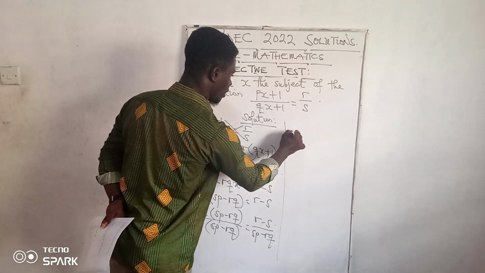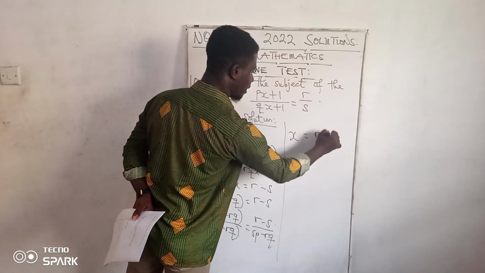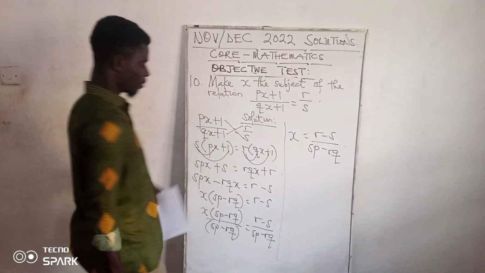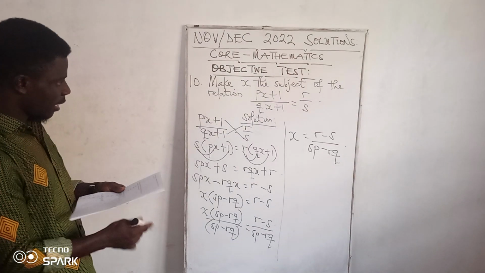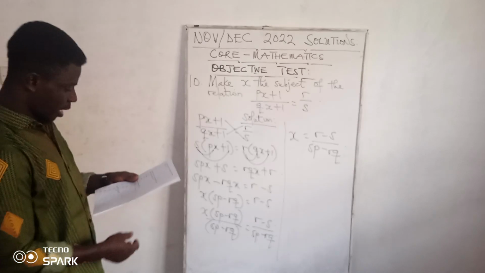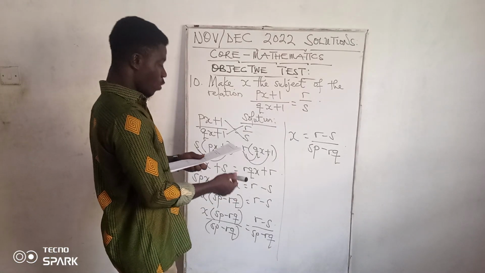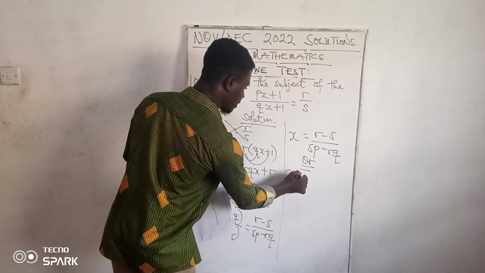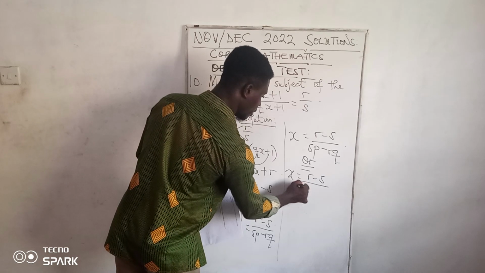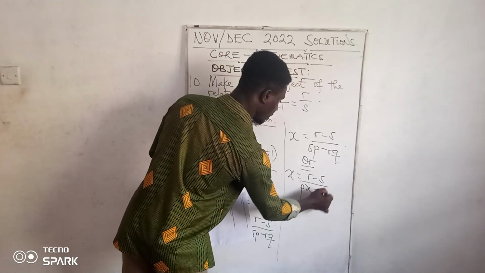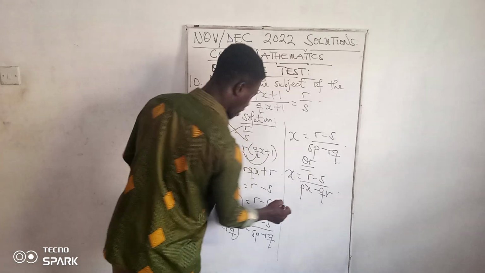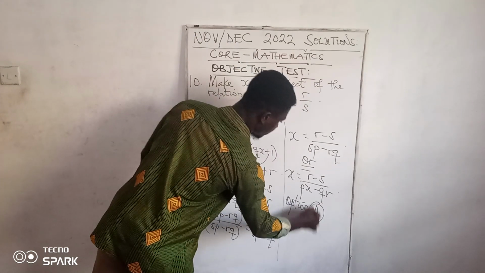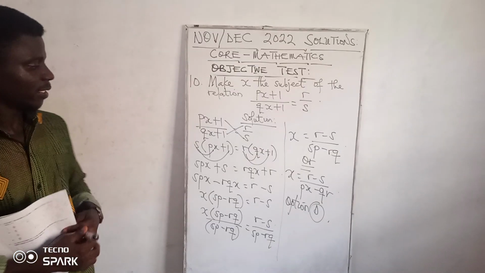So now I have X, which is equal to R minus S all over SP minus RQ. Or you can write it X equals R minus S all over PS minus QR, which is option D. Option D for dog.